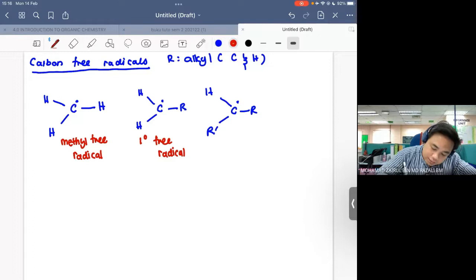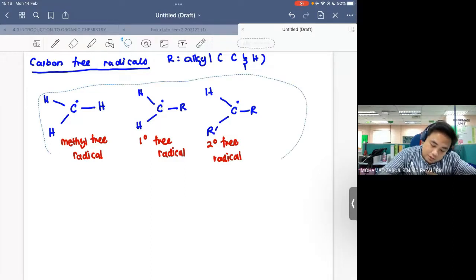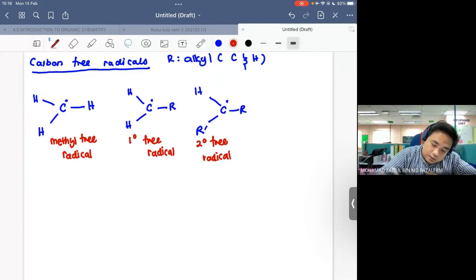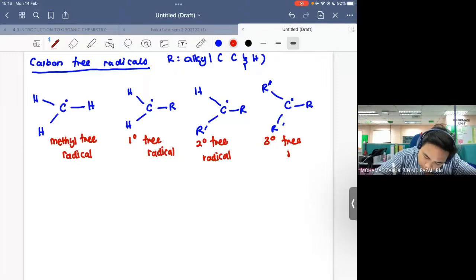So yang ini kita panggil dia sebagai secondary free radical. And then kalau saya substitute lagi satu hydrogen dengan another alkyl group, so yang ini we call it as a tertiary free radical.